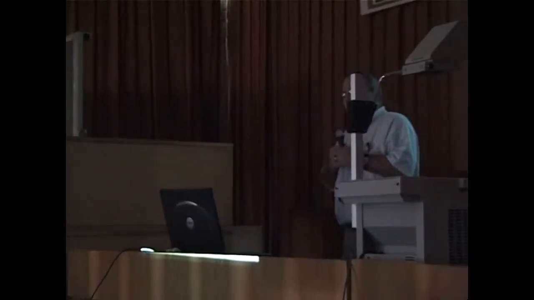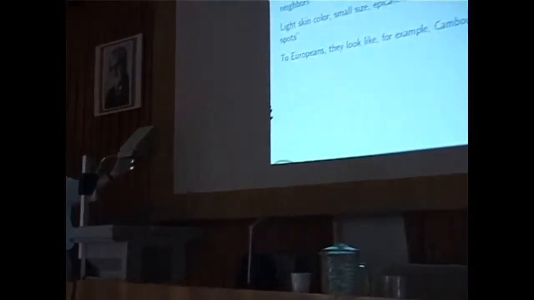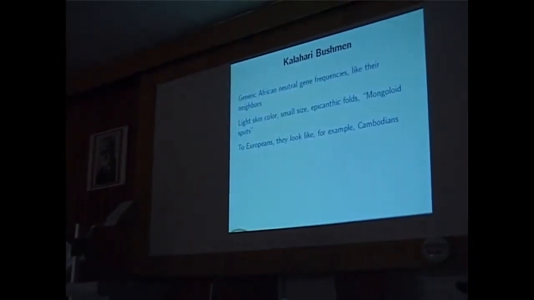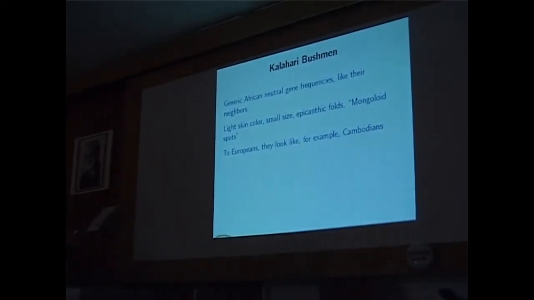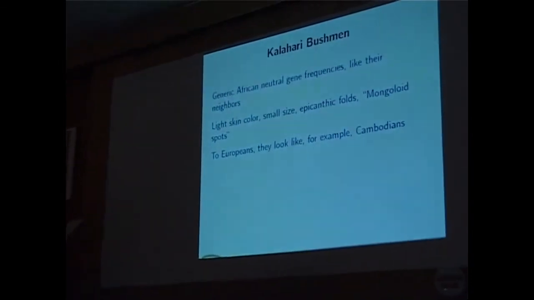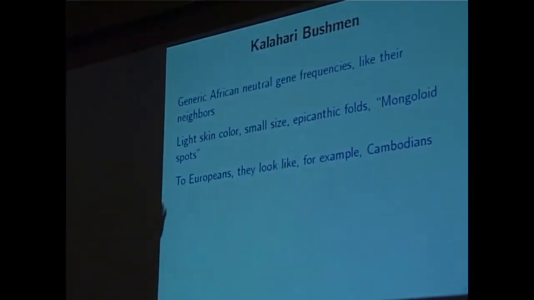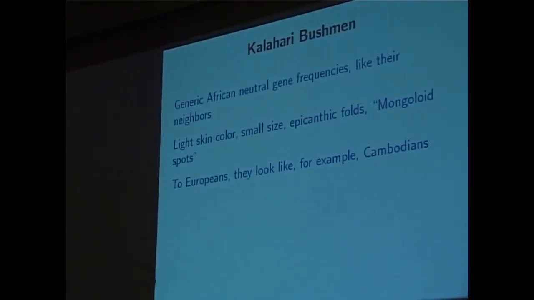And I just mentioned something about Kalahari Bushmen. I showed a slide of a few hunters earlier. If we look at their neutral genes, they look exactly like their neighbors. Their genes look like their neighbors, but they're short. They have fairly light skin color.